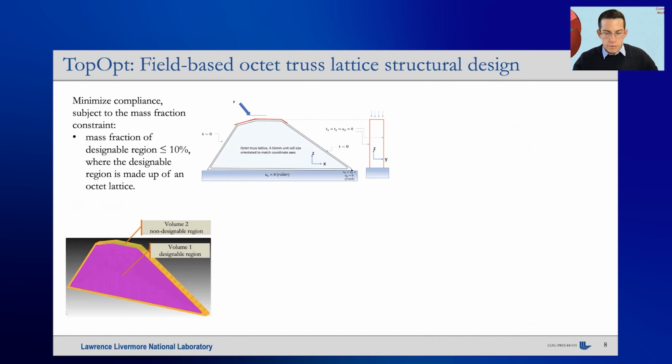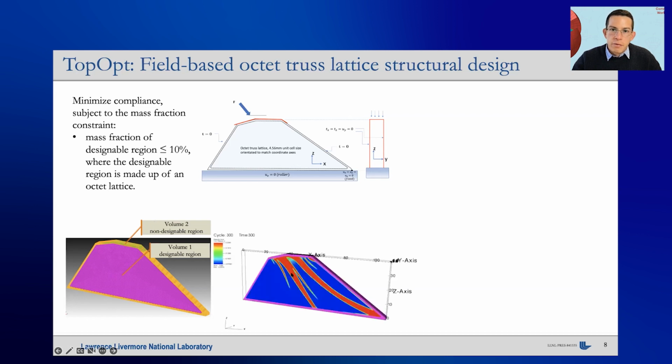Thanks to MFEM's capability of reading this type of Exodus II mesh, these blocks are interpreted as element attributes, and the boundary attributes are just the side sets. In this case, we want to optimize the volume 1 region while keeping the skin, volume 2, fixed. And you have a fictitious density that represents the truss, the lattice structure in that domain. Once again, I'm just highlighting the flexibility of using MFEM in our LiDO framework.